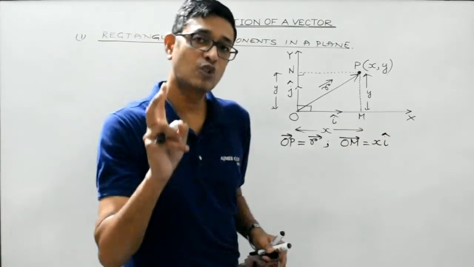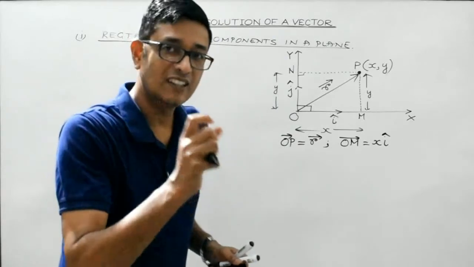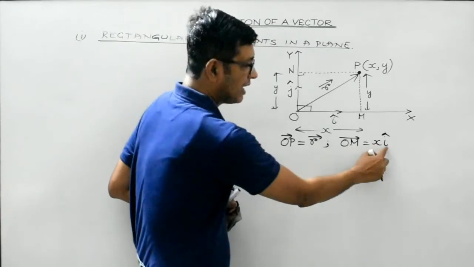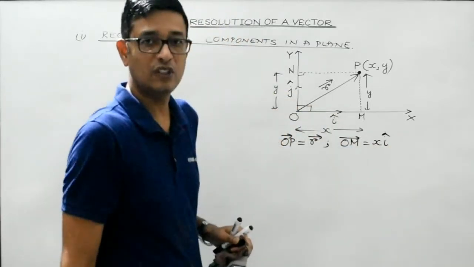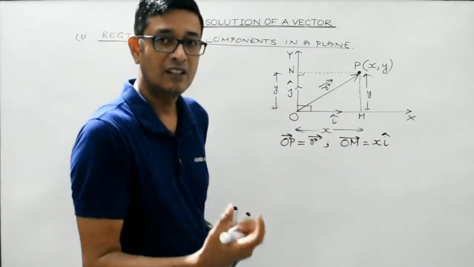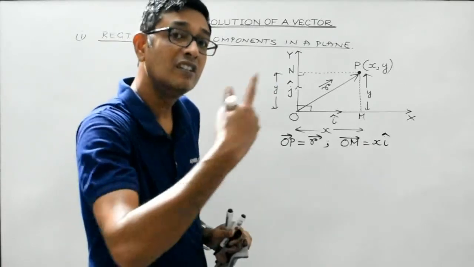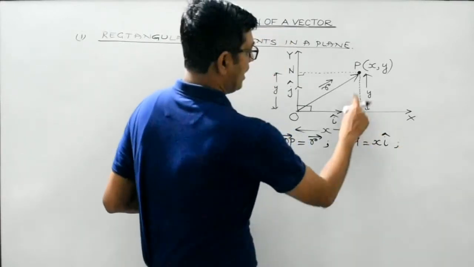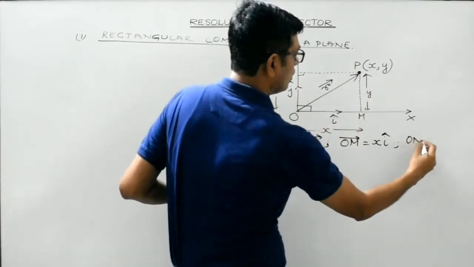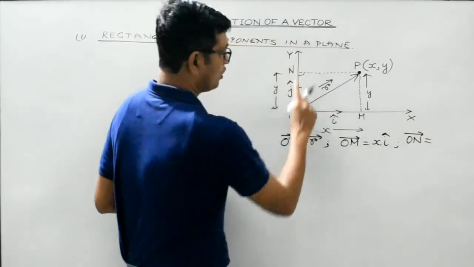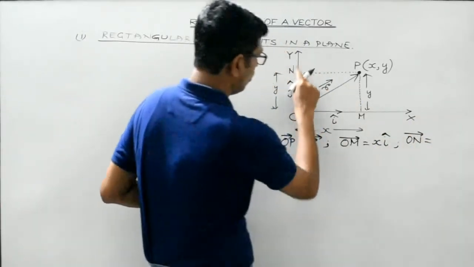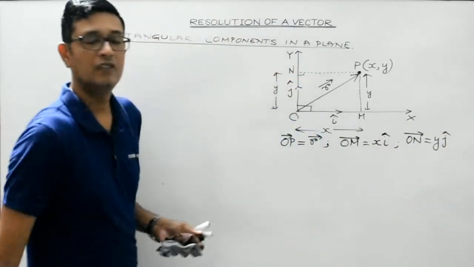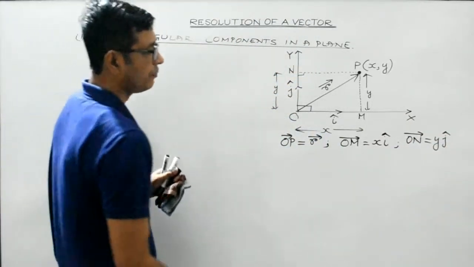Look, a vector has got two parts: one, the magnitude and the other, direction. x represents the magnitude of OM, i cap represents the direction of OM. Clear, students? OM has dimension x along the x-axis. Similarly, MP or ON vector has magnitude ON, which is y, and is along the y-axis, that is j cap. Clear, students? Okay.